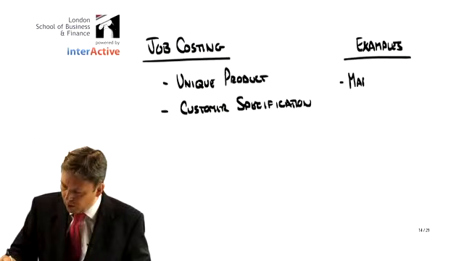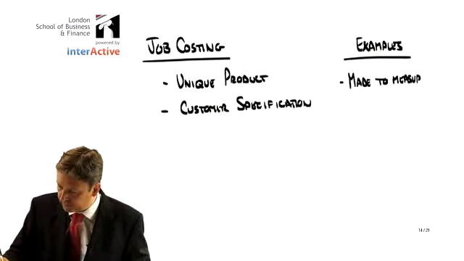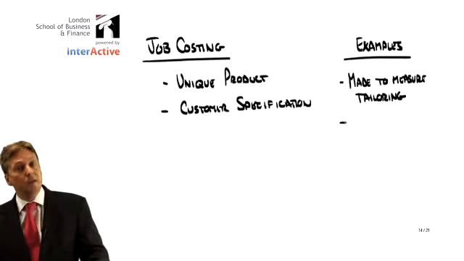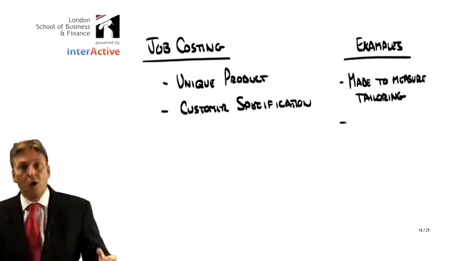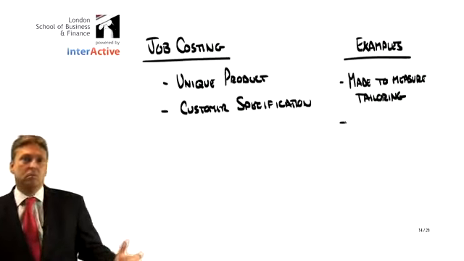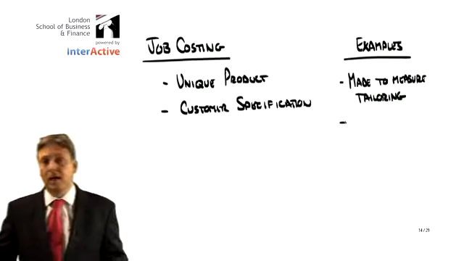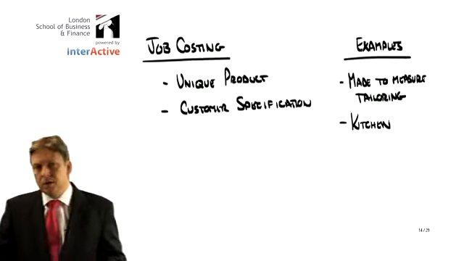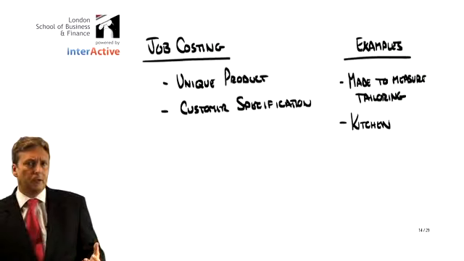So any form of made-to-measure tailoring. Another example, something slightly different. Maybe you're looking for a fitted kitchen, and the whole point about a fitted kitchen is, yes, that it fits, that you put, I don't know, the fridge in one place and the oven in another. So these are the sort of things that we're talking about.